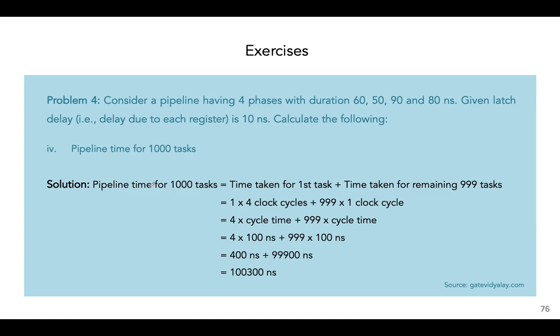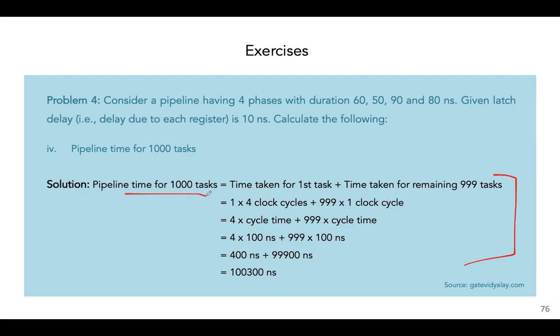Pipeline time for 1000 tasks. Interesting. This is something you know already. Pipeline time for 1000 tasks is time taken for the first task plus time taken for the remaining 999 tasks. We have had this discussion previously, so just take a break and quickly go back, and this will be clear to you.